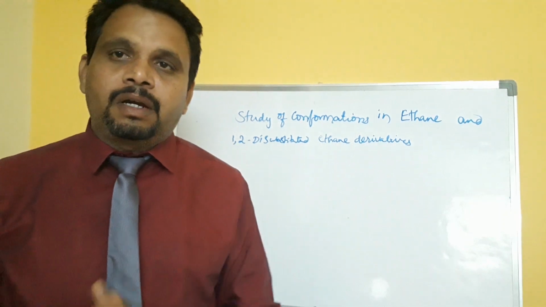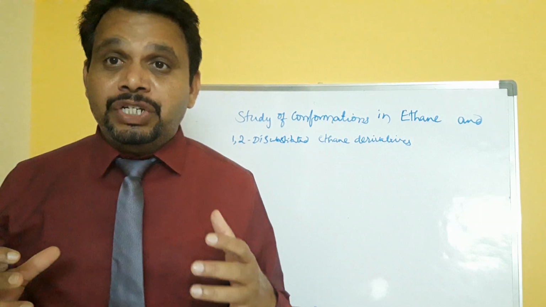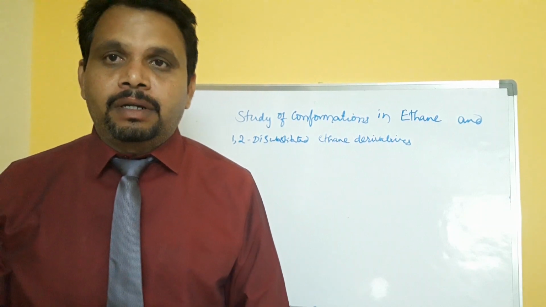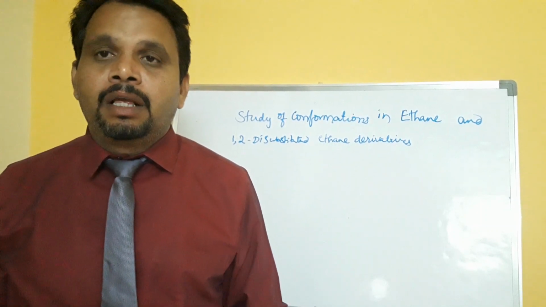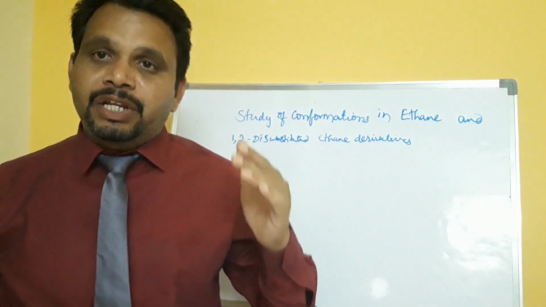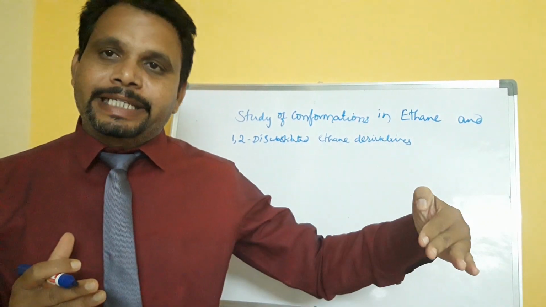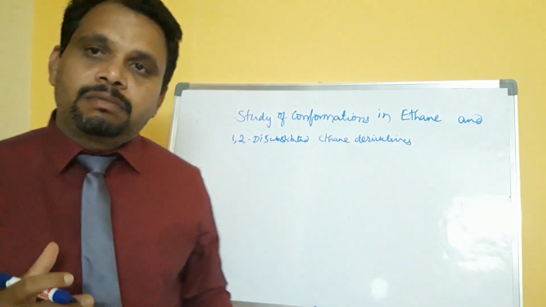So I explained how to write potential energy diagrams for different conformers, right? You should take potential energy on the y-axis and dihedral angle on the x-axis.